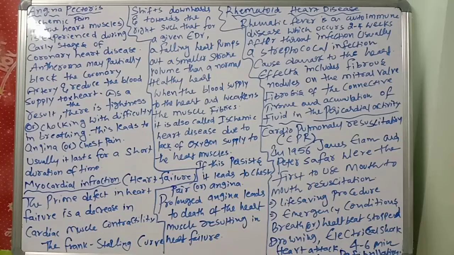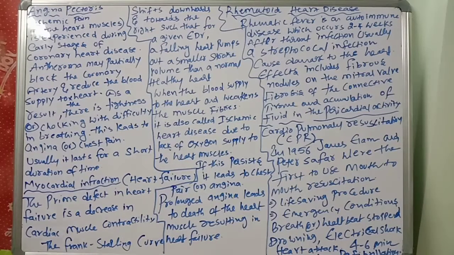It is called angina pectoris, mainly because of atheroma blocking the coronary arteries. It's not a prolonged problem, it's a short-duration problem, and it is an early symptom of early stages of coronary heart disease.